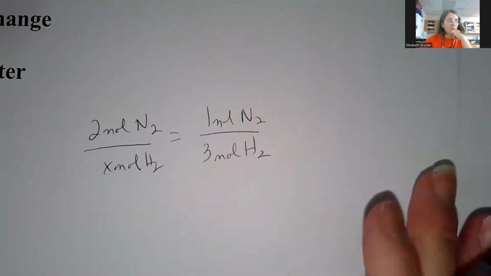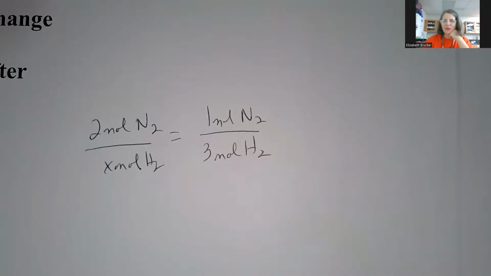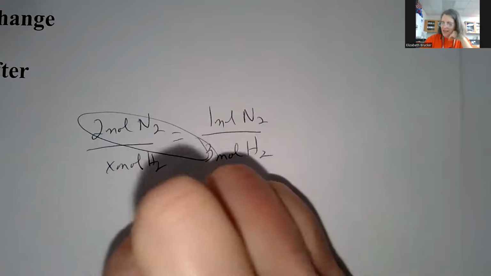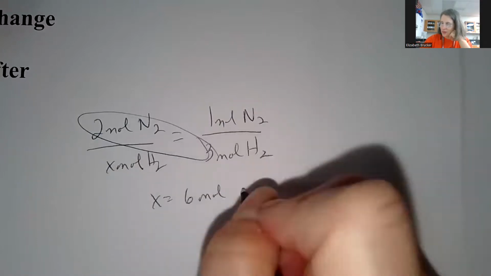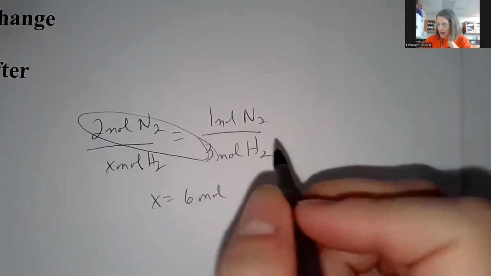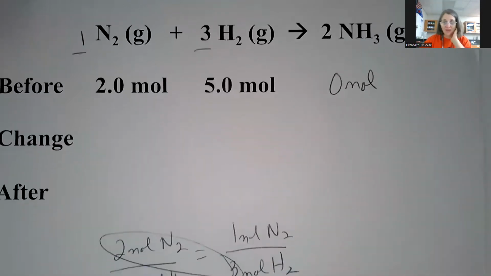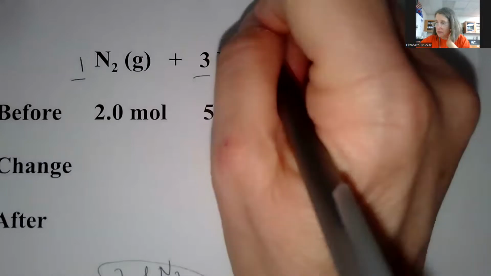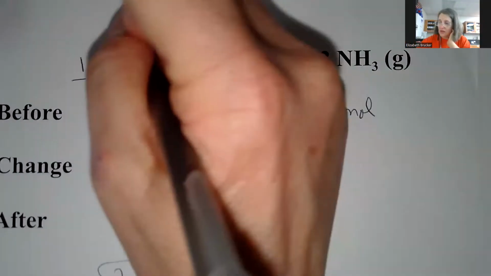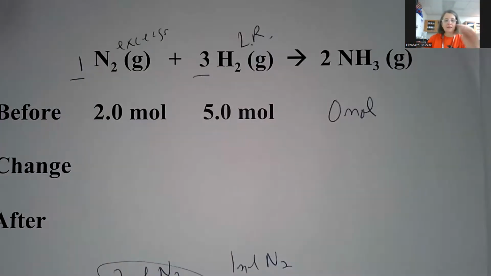Okay, so these are all just mole to mole problems. So 2 times 3, so that means I need a total of 6 moles of my hydrogen to react with all of that nitrogen. So I don't have that. So this is definitely going to be my limiting reagent, and nitrogen is going to be my excess.